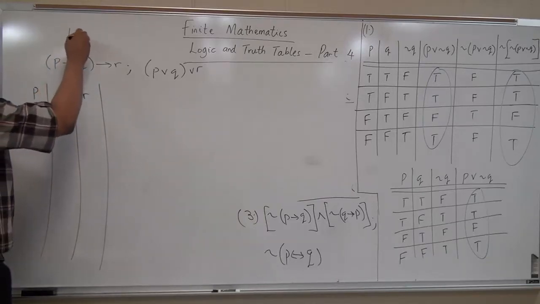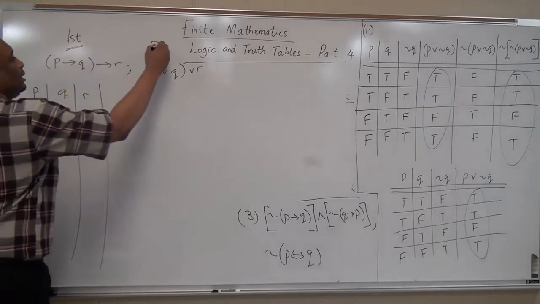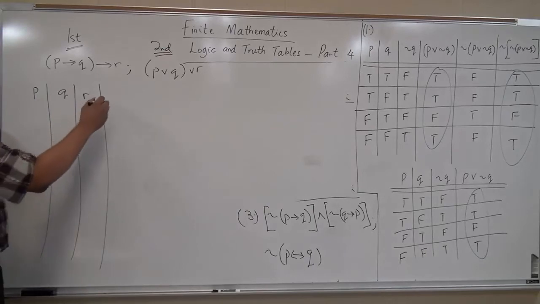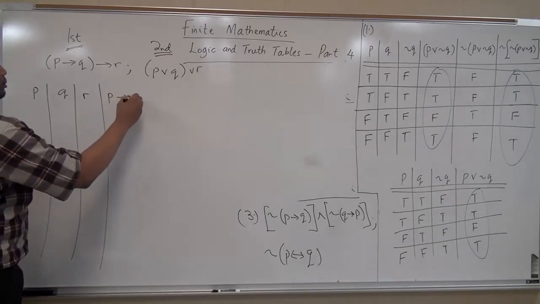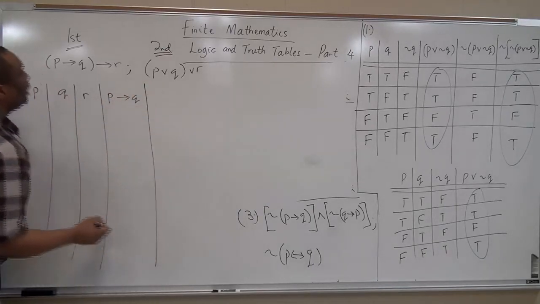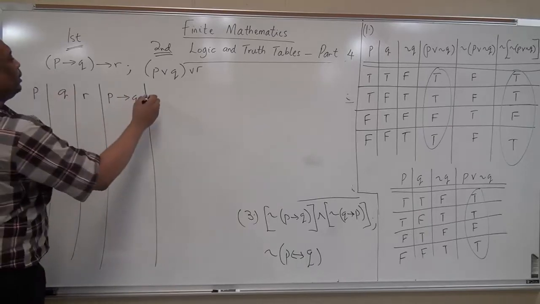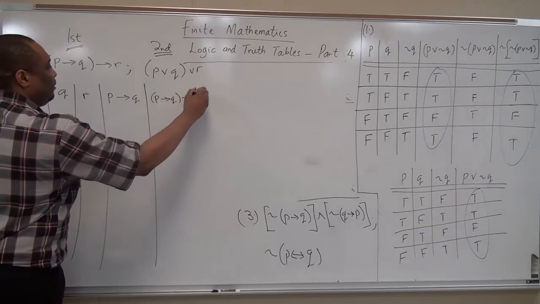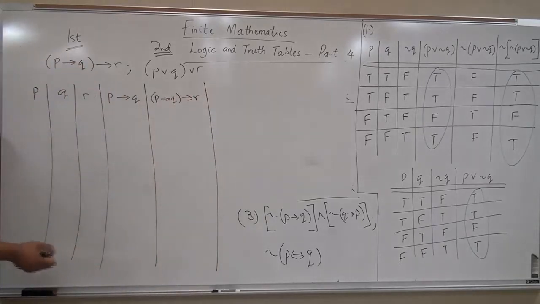First compound proposition, and this is second compound proposition. Then we have P implies Q, then P implies Q, then implies R. There you go. That's what we got.